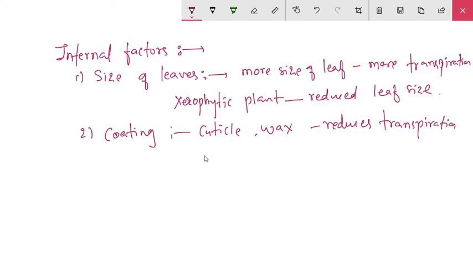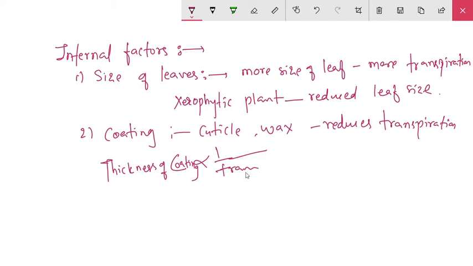That means this coating is inversely proportional to the transpiration. When the cuticle is thick, or there is a thick coating of wax, it reduces the rate of transpiration, and when the cuticle is thin, the rate of transpiration is more. So the thickness of the coating is inversely proportional to the rate of transpiration.